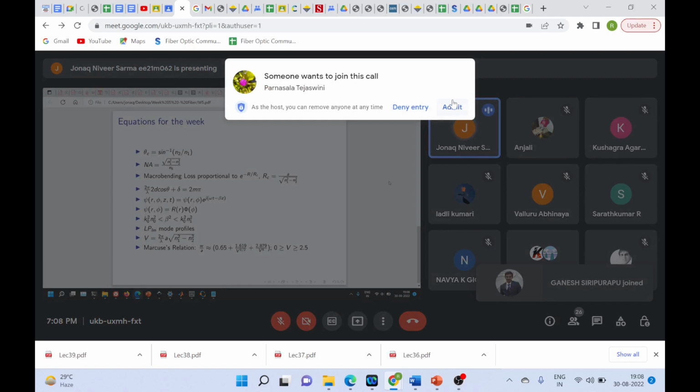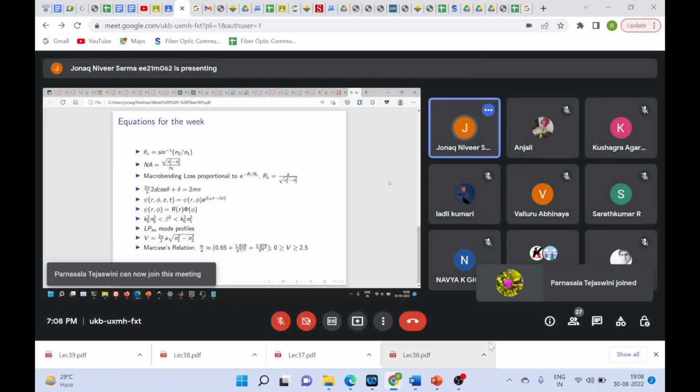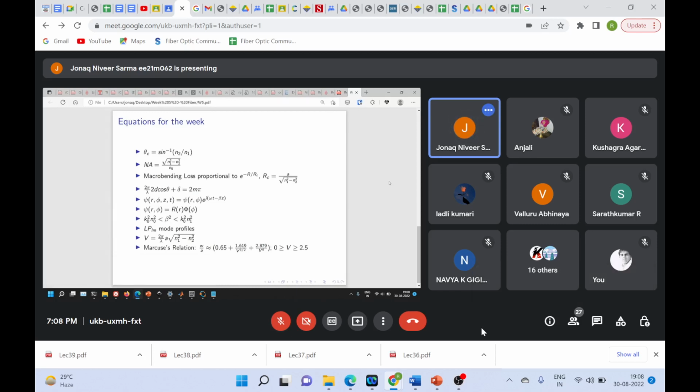Then we went ahead to discuss these modes of a fiber in ray picture. Then what the modes mean in Maxwell's equations, the full vectorial method, and how we use the separation of variables assumption to solve these partial differential equations.